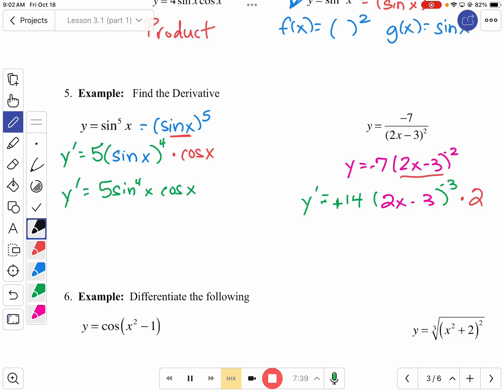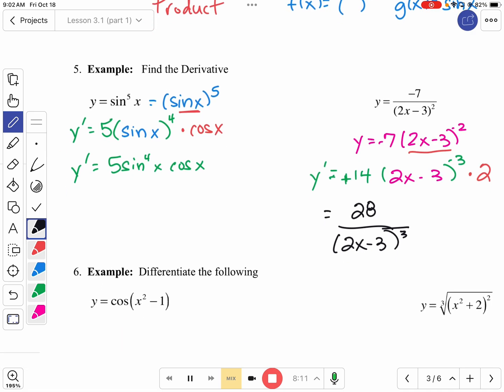I have a times 2 and a times 14, that would be 28. We don't want to leave negative exponents, so we're going to drop it back down and make it 2x minus 3 to the 3rd. Much easier than a quotient. So chain rule makes it much easier than a quotient. It's just learning to recognize the outside and the inside. Try that first one on number 6.